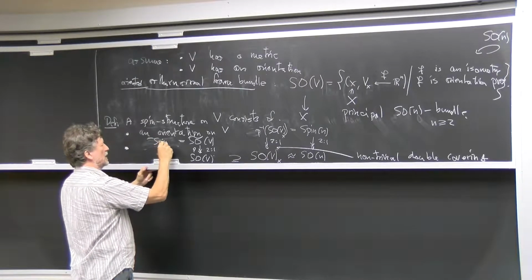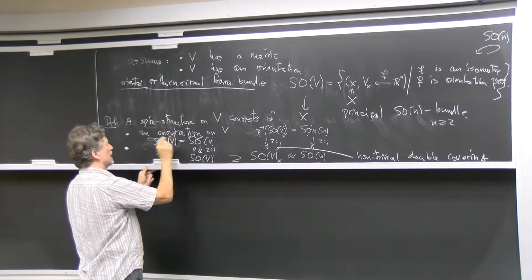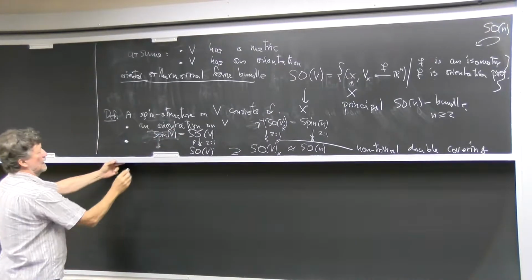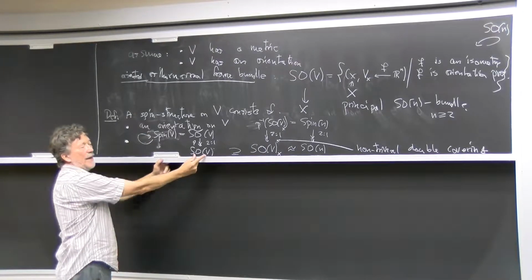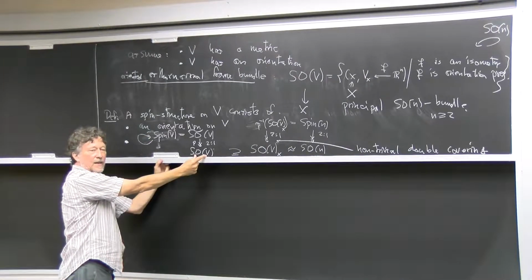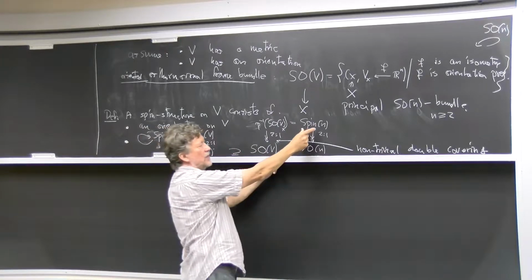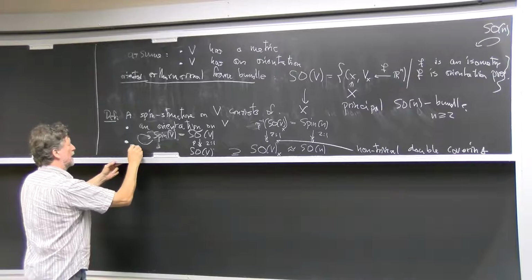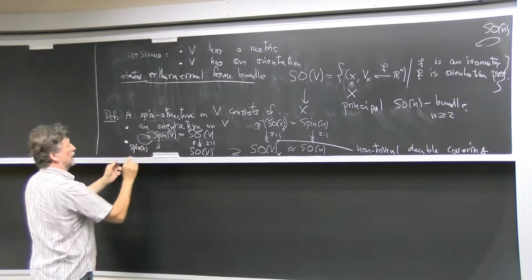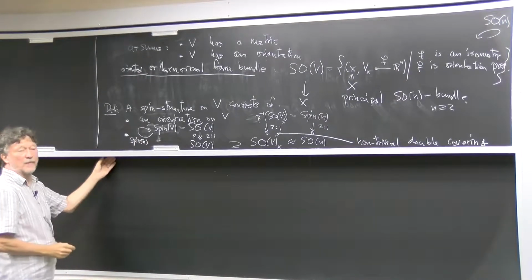So that motivates me to call this thing here spin of V, since you can show that the SO(n) action that you have here then lifts to an action of this double covering. So this has an action of Spin(n) on it. And so this is a Spin(n) principal bundle.